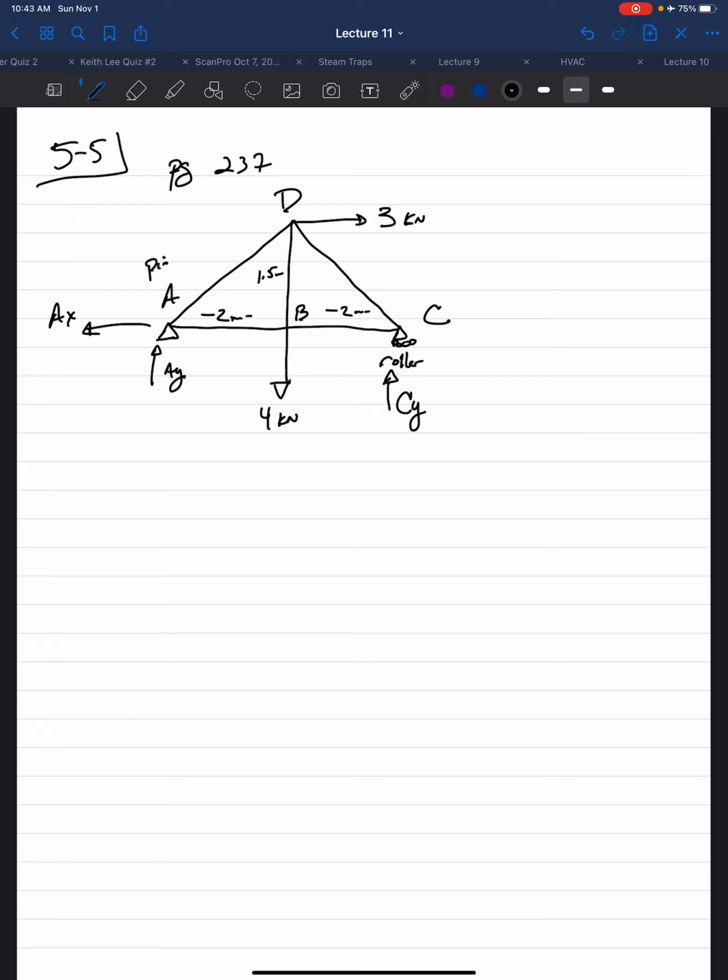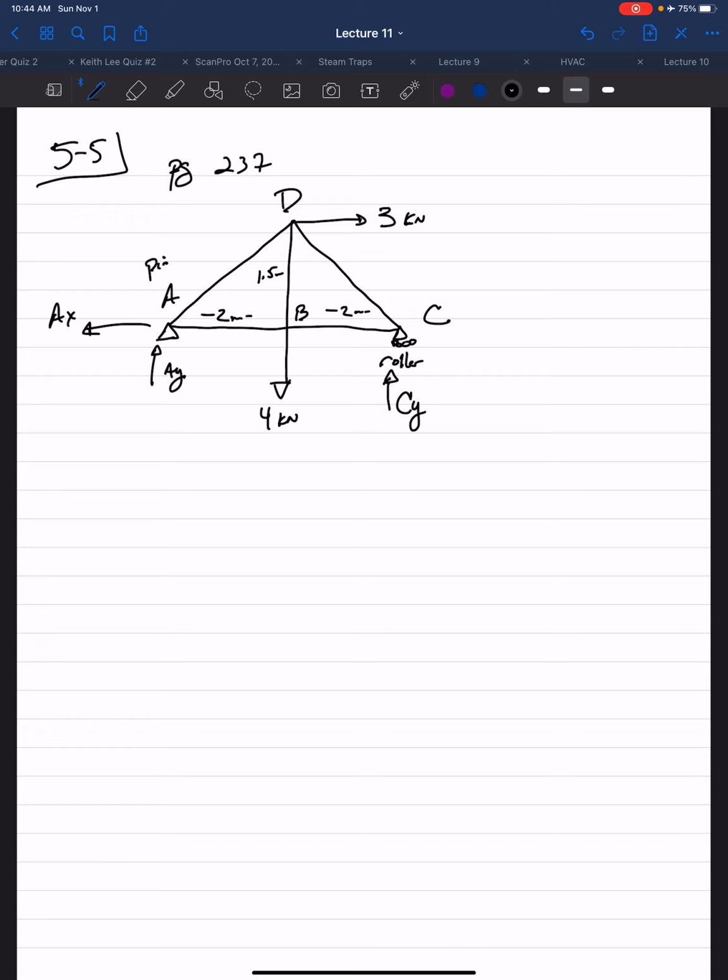So if I was to start at joint A, there's two unknowns with the support reaction, AX, AY, and there's the unknown in the members, AD and AB. So there's 4 unknowns at A and no knowns. So we can't start at that joint. At joint B, we have one known, the 4 kilonewton force, but we have 3 unknown member forces, AB, BD, and BC.